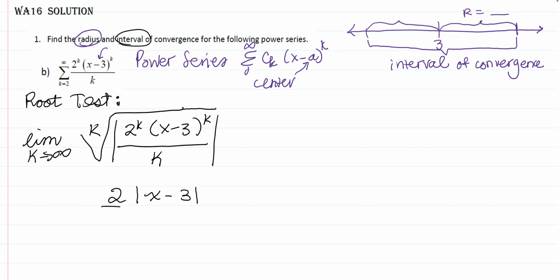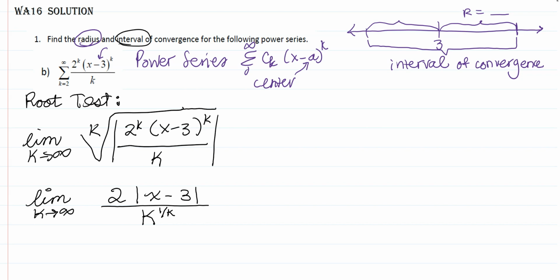And on the denominator, I have the kth root of k, which is k to the 1 over k power. And we are taking the limit as k goes to infinity.